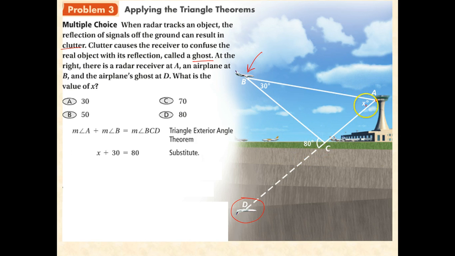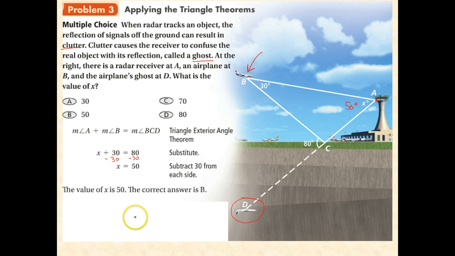So we're going to substitute. The measure of angle A is x, the measure of angle B is 30, the measure of angle BCD is 80. Then we just subtract 30 from each side, and we get x is 50 degrees. So the correct answer is B.